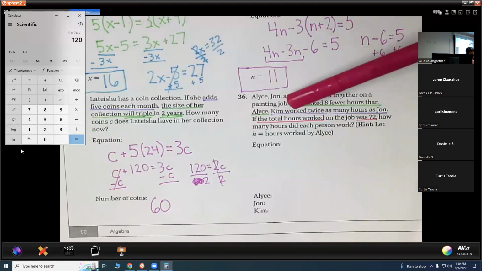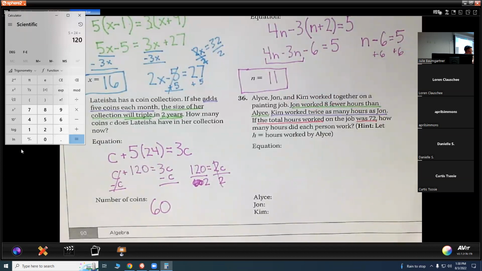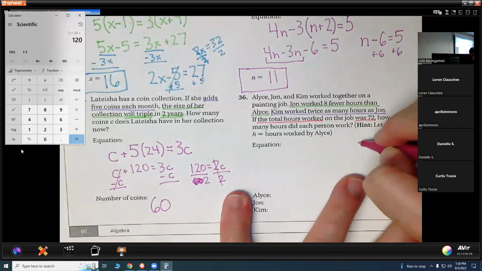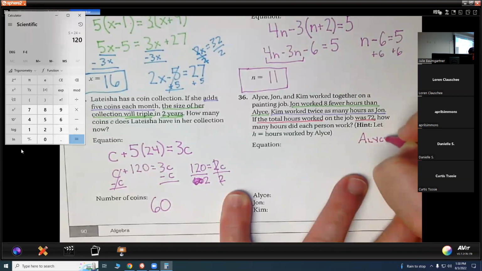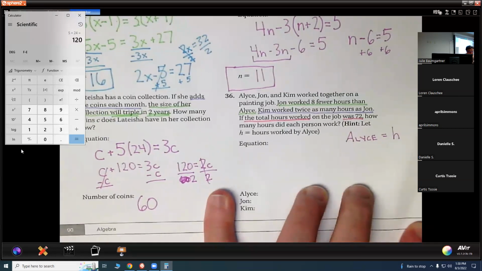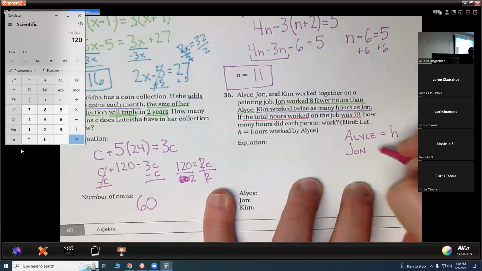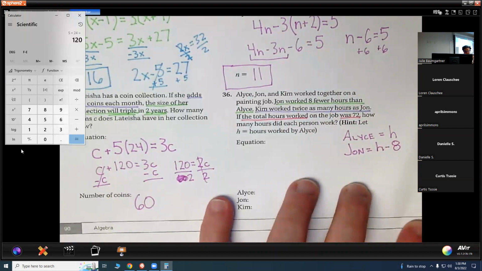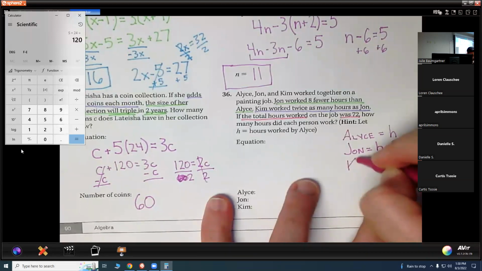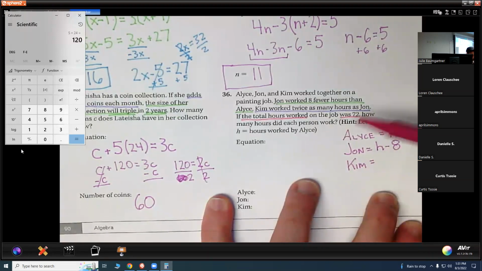So for me, John worked 8 fewer hours than Alice. So once again, we can set this up so that Alice is just H hours, okay? John worked 8 fewer hours than Alice, so John worked H minus 8 hours. Does that make sense? And then Kim worked twice as many hours as John, so 2 times H minus 8.